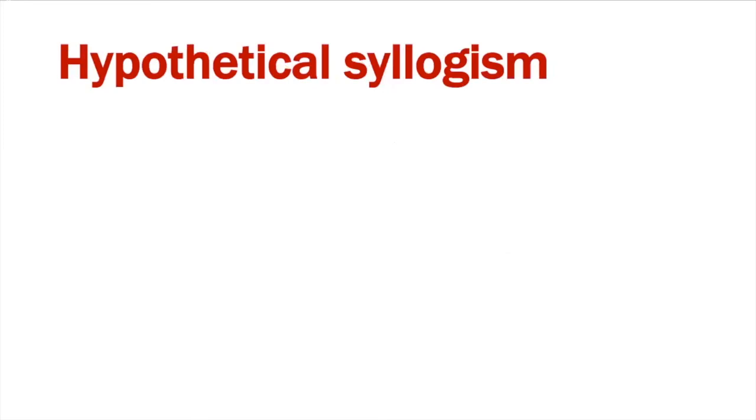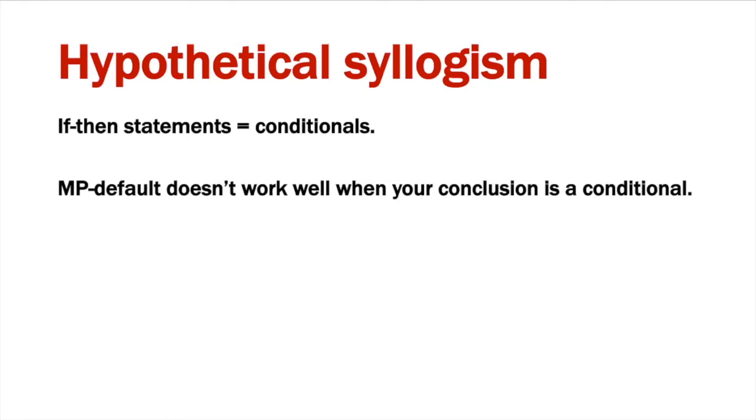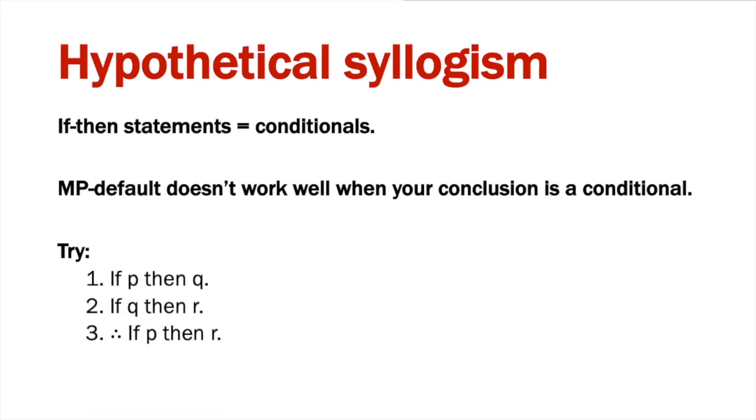Another sometimes helpful argument form is the hypothetical syllogism. This is a syllogism that consists only of if-then statements. The MP default doesn't work well when your conclusion is also a conditional. So you can do this instead: if P, then Q; if Q, then R; therefore if P, then R.